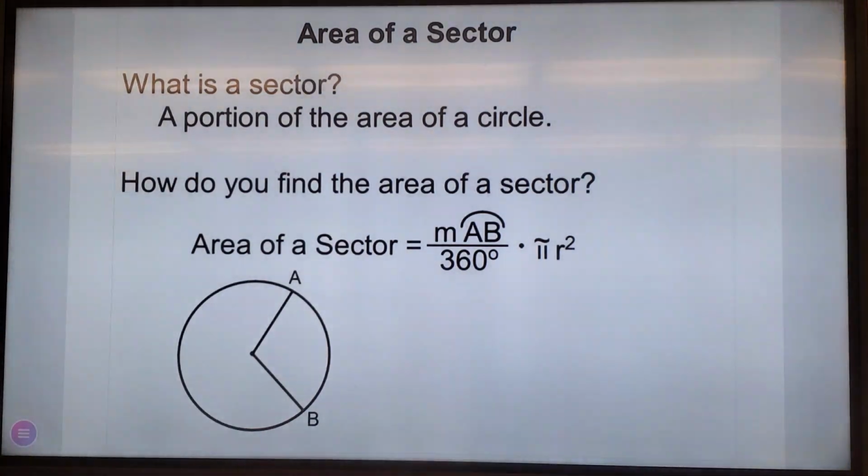Again, that's telling me how much of this circle I actually want to look at. And then the back end there now, because we're talking about area, is not circumference, it's the equation for area. So pi r squared is the area of the entire circle. Okay, so again, that's what keeps it distinguished from the length equation, is that this is now area, not circumference.